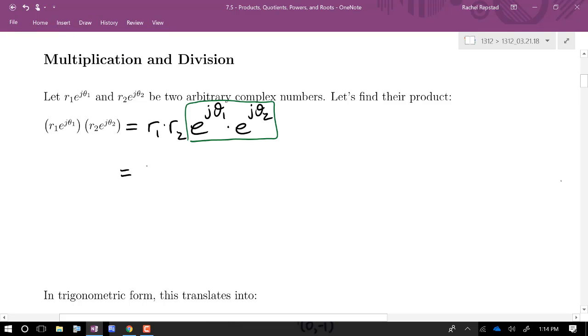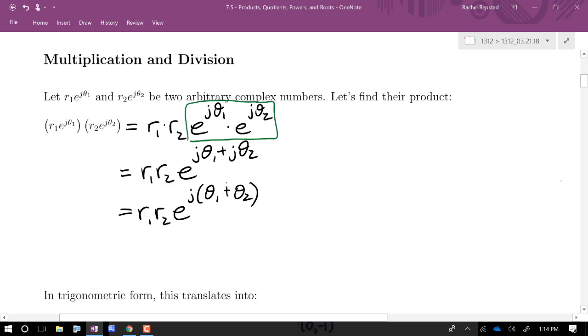We just add the exponents, so I have j theta 1 plus j theta 2. One more step of algebra: they both have a factor of j, so we can factor it out, j times theta 1 plus theta 2. So here is their product.